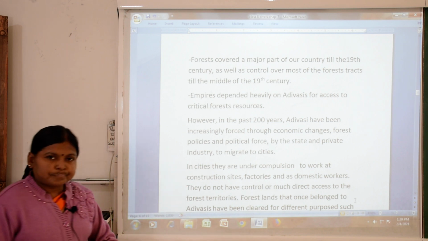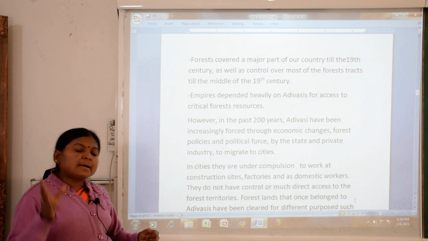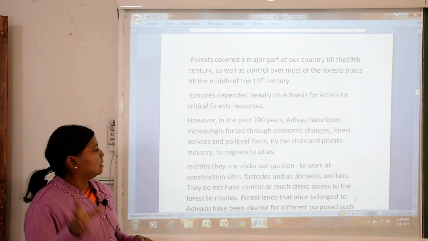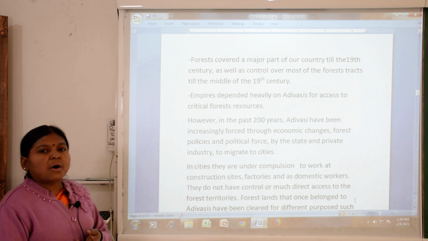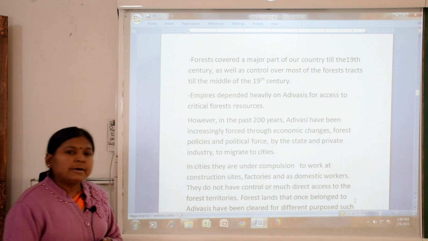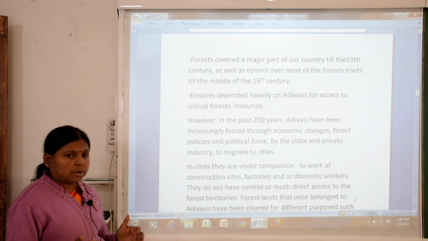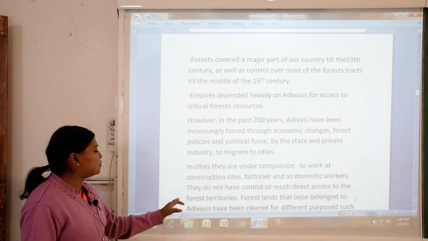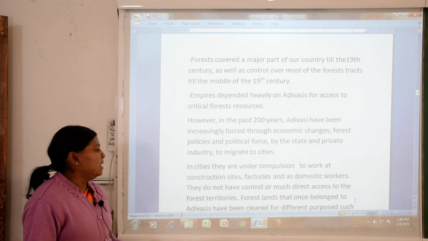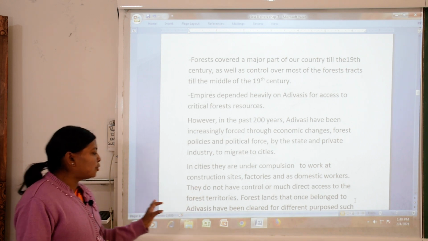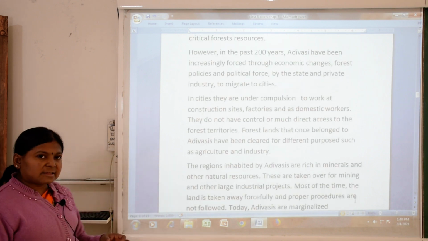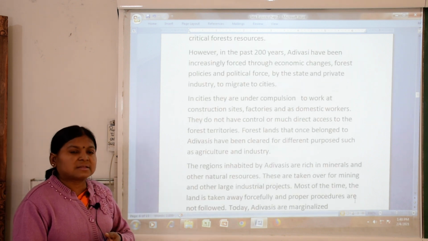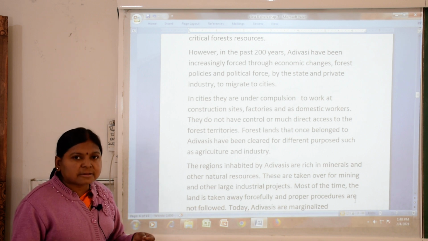In the cities, they are under compulsion to work at construction sites, as labor in factories or as domestic workers. They do not have control or much direct access to the forest territories. Forest land that once belonged to these peoples has been cleared for different purposes such as agriculture and industry. In this way their life is disturbed.